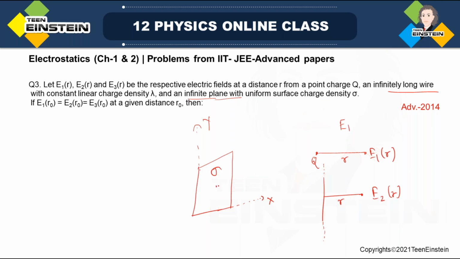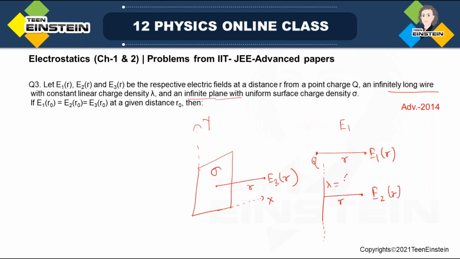And if I find out the electric field at distance R from the surface charge density, E3(R) is the electric field produced by such an infinite plane. Now, the charge density for the infinitely long wire is lambda.